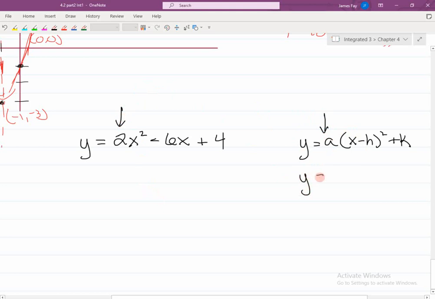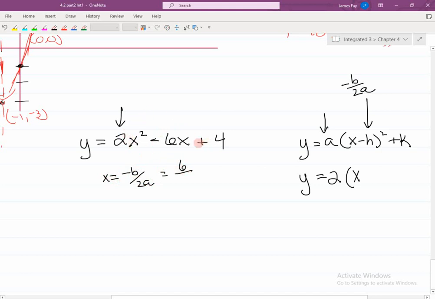This a term right here is exactly the same as the a term over here. So we can put a 2 there. Okay? This h term, that's the x coordinate of your vertex, right? Don't we know that that's the same thing as the opposite of b over 2a from over here? So the opposite of b would be 6, right?